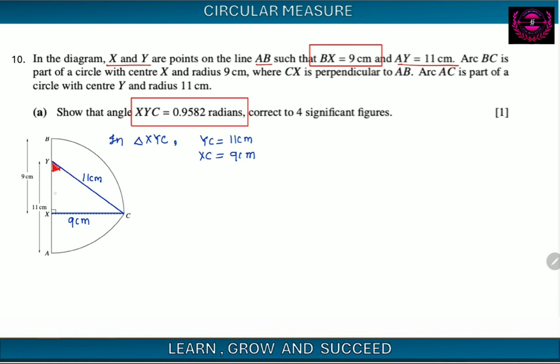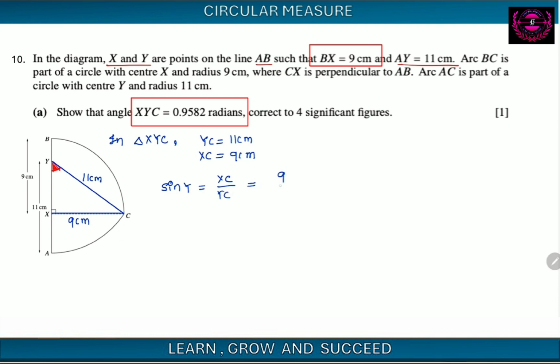So sine Y in triangle XYC will be perpendicular upon hypotenuse. So perpendicular is XC and hypotenuse is YC.